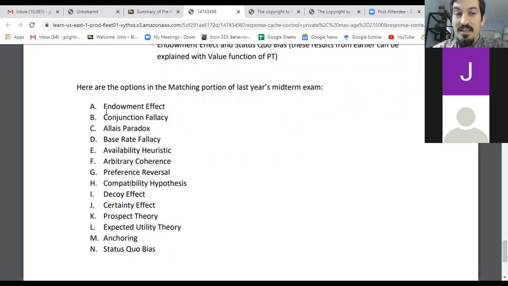When there's matching, there's a lot of possible answers. And if you're sort of guessing, then it actually hurts you. It makes you perform poorly in the matching section. But I hope you guys all are good students and already have an understanding of this material, in which case the matching section I think should be pretty easy for you.